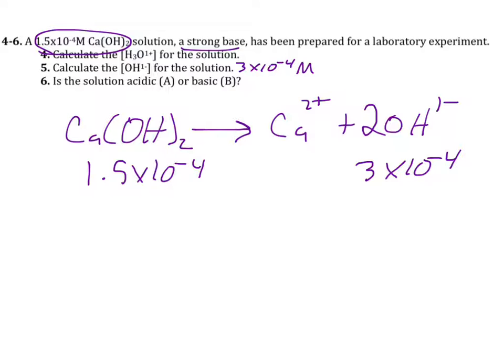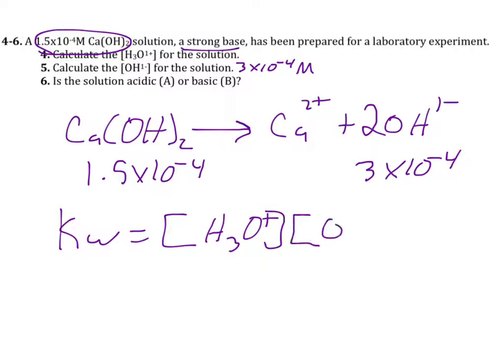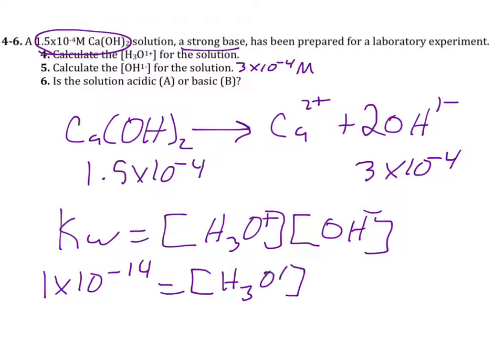Now again, once we know one of these, we can always calculate the other using the Kw equation here, because we know that the hydronium ion concentration multiplied by the hydroxide ion concentration will equal Kw. Kw is 1 times 10 to the negative 14, and that's going to be equal to the hydronium ion concentration times the hydroxide ion concentration, which is 3 times 10 to the negative 4.